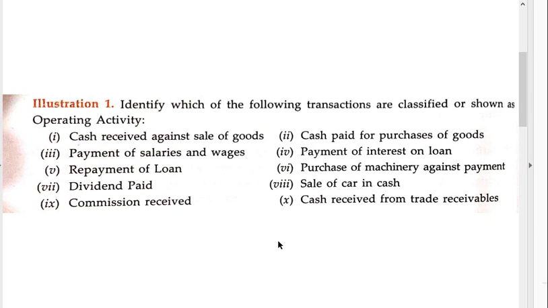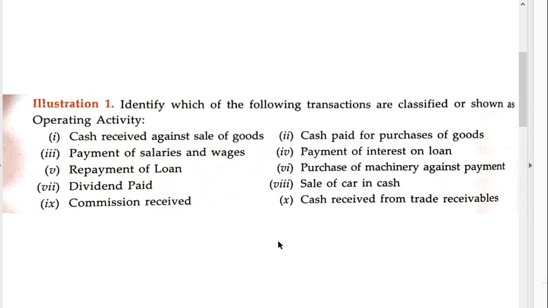Commission is on operations only. How do we earn the commission? If we are doing something related to our business only and the other person is paying the commission on that, the activity is directly related to the operations of the business. Therefore, commission received is an operating activity. Clear, friends?